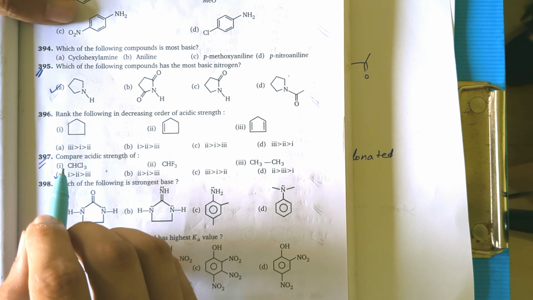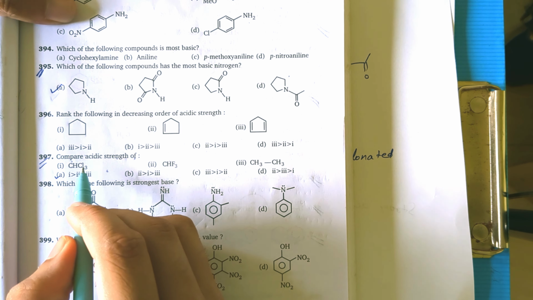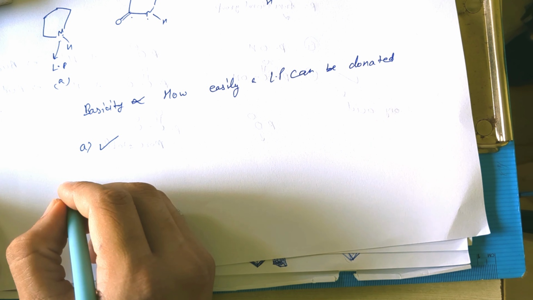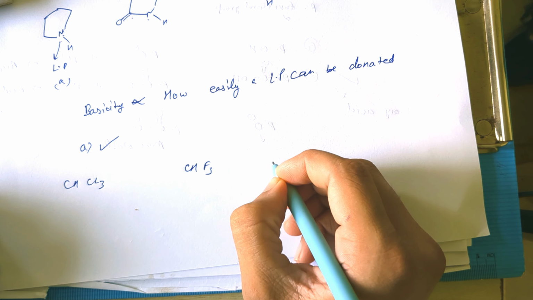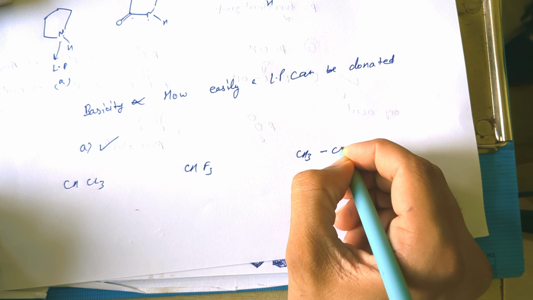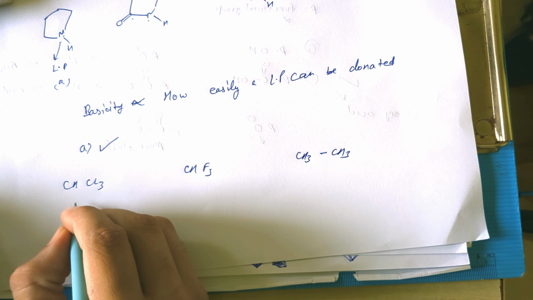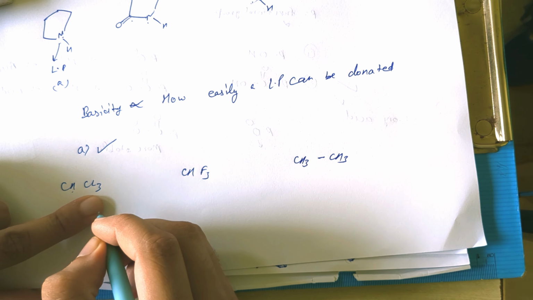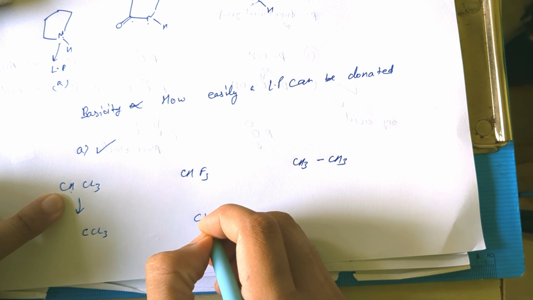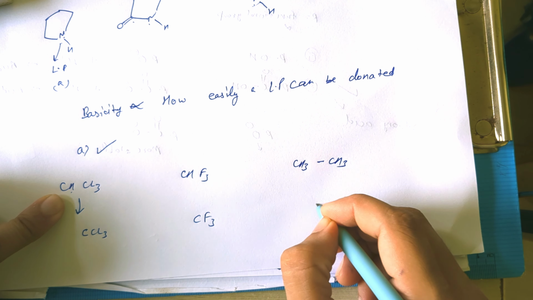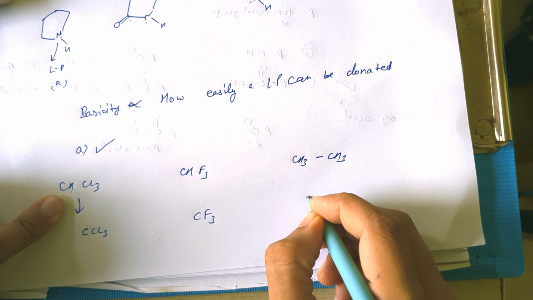Now the next question we have: compare the acidic strength of CHCl3, CHF3, CH3, CH3. Okay, now here after giving an H positive ion, it will be CCl3 negative, and it will be CF3 negative, and the other carbanion.